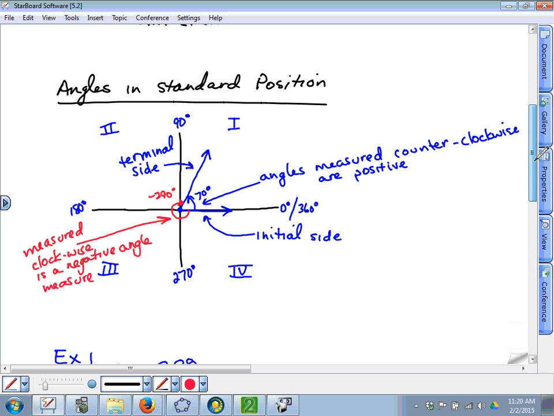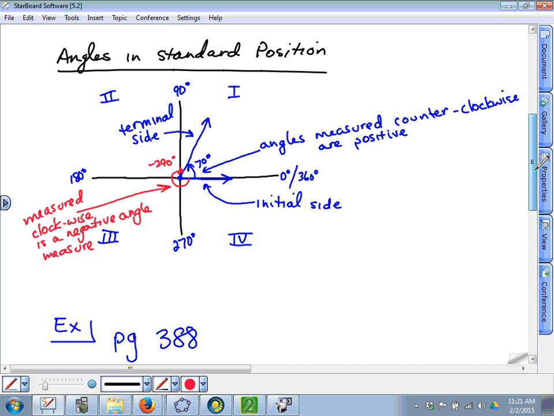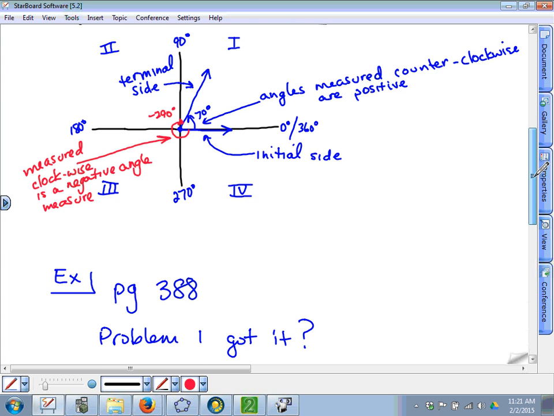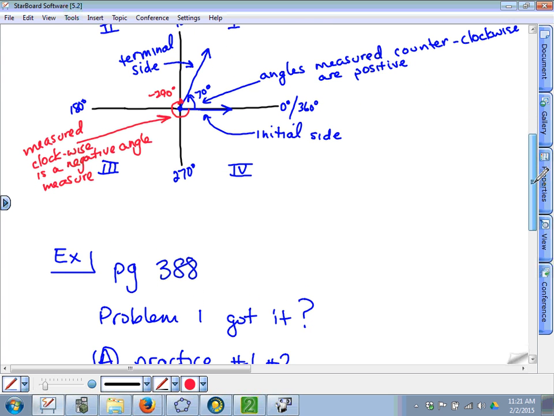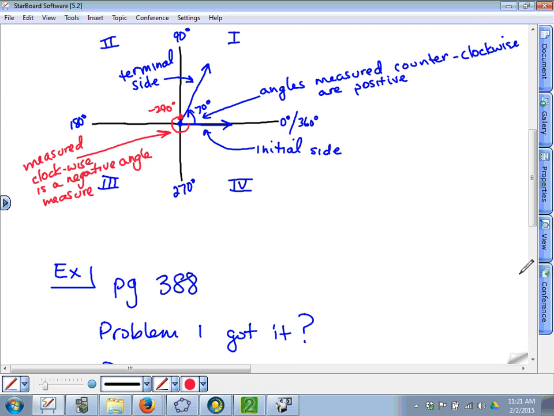So what you guys need to do, page 388. I want you to do the problem 1, got it, on page 388. Just give your best estimate, just to have something as a reference.